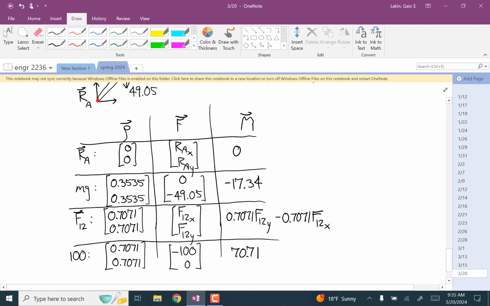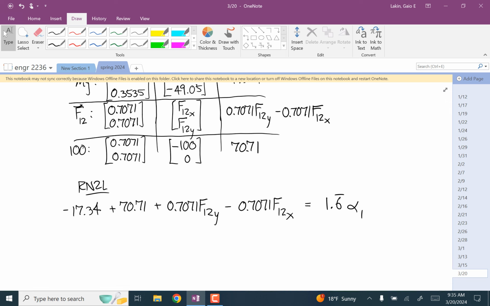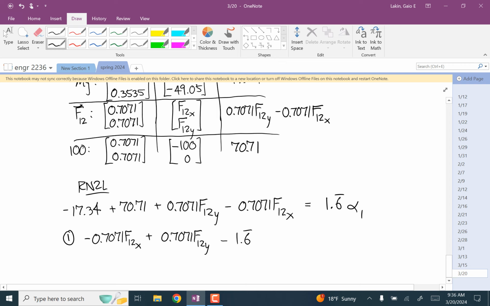So our first equation says negative 0.7071 F12x plus 0.7071 F12y minus 1.6 repeating times alpha 1 is equal to negative 53.37.